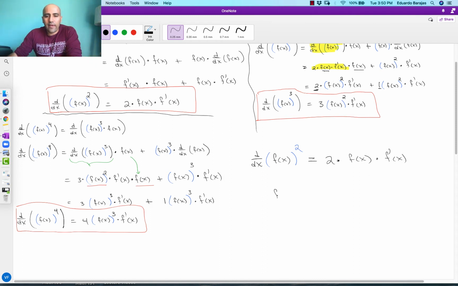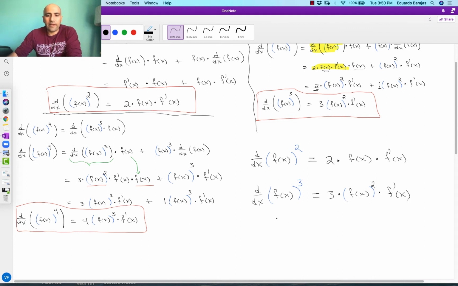If we have f of x being cubed, the power of 3, and we want the derivative with respect to x of this whole thing, then this is equal to 3 times f of x being squared times f prime of x.